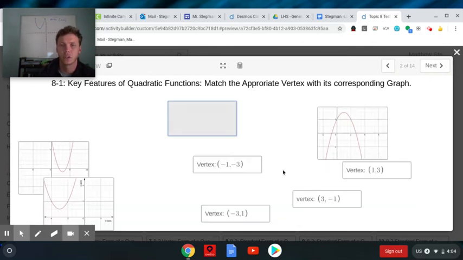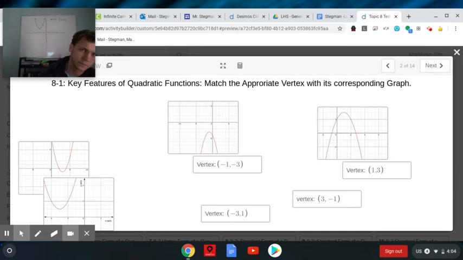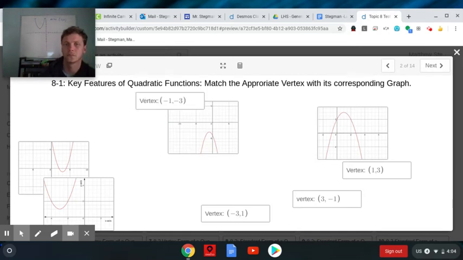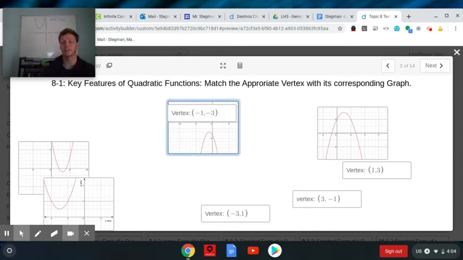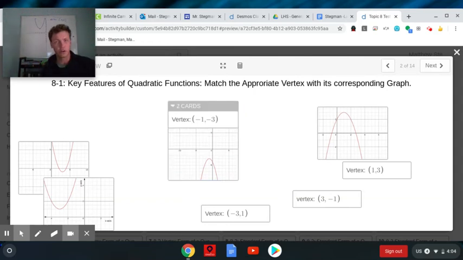So I'm looking at the -1, -3, which I've got right here. I'm going to click and drag over top of the graph. Let go, and they will be synced together. So those are paired, and I don't need to do anything else with those. Now we're just going to work with the rest of ours. This one right here is 1, 3. So I'm going to find the vertex 1, 3, and drag it, and that's my card sort.